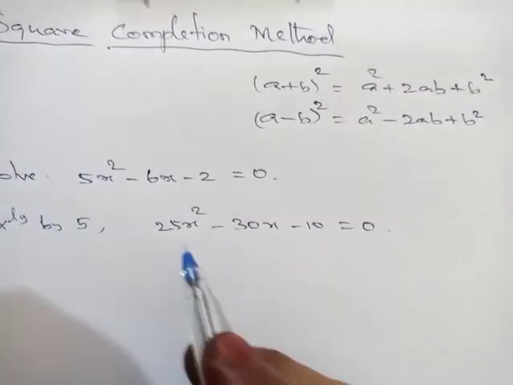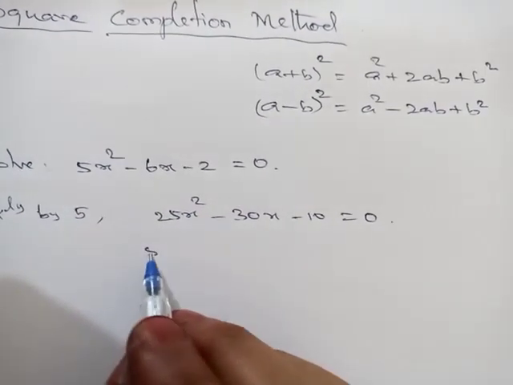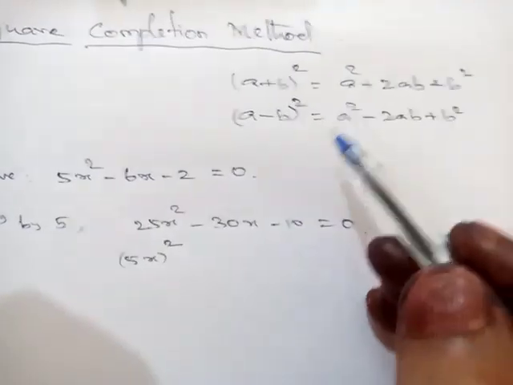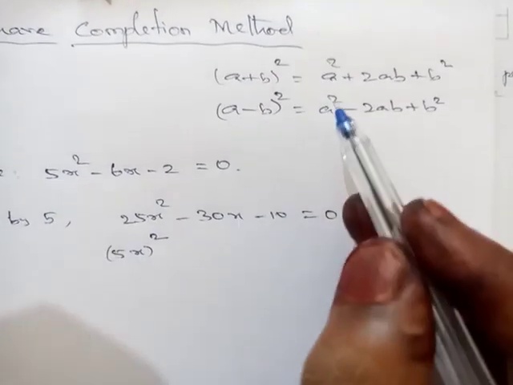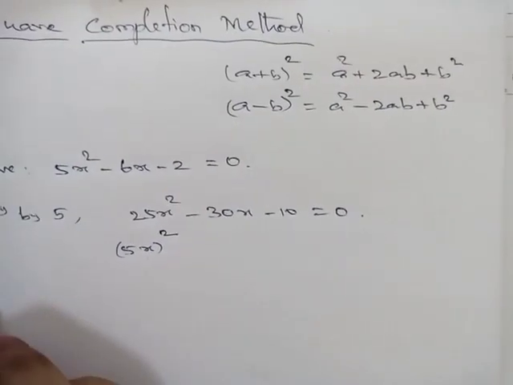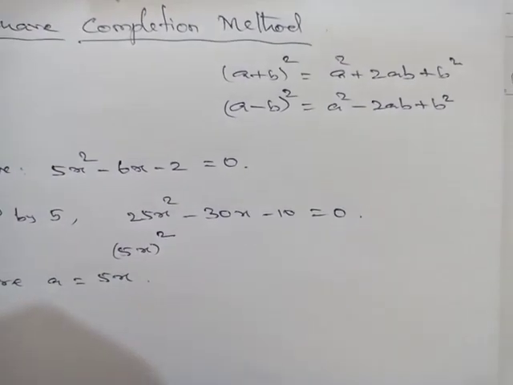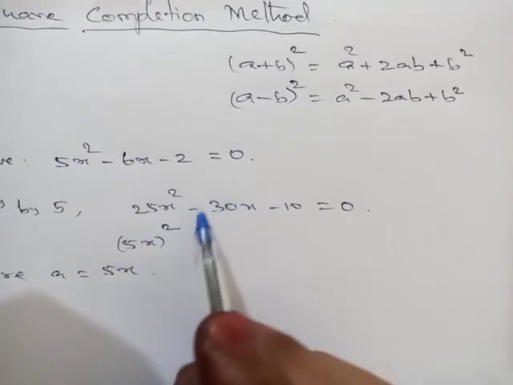The first term I changed like this. Now we can write 5x the whole square, right? 5x the whole square. See here, a square format is there, right? What is a here? Here a is equal to 5x. So the next one, consider this x term.